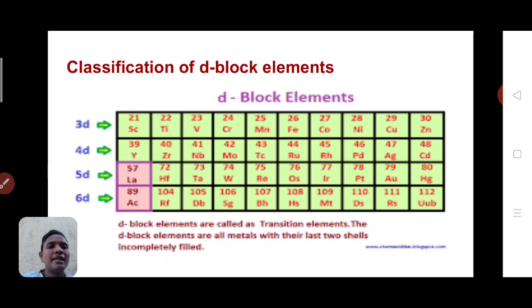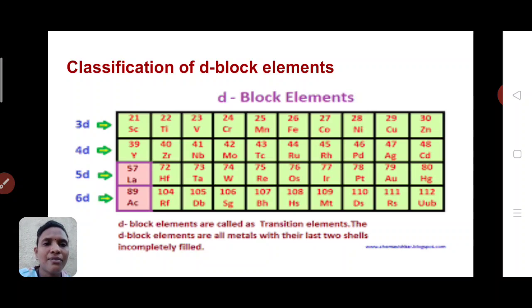Now see the classification of D block elements in this image. This image shows 4 rows: 3D, 4D, 5D, 6D. The 3D series starts from atomic number 21 and ends at atomic number 30. The 4D series starts from atomic number 39 and ends at atomic number 48.